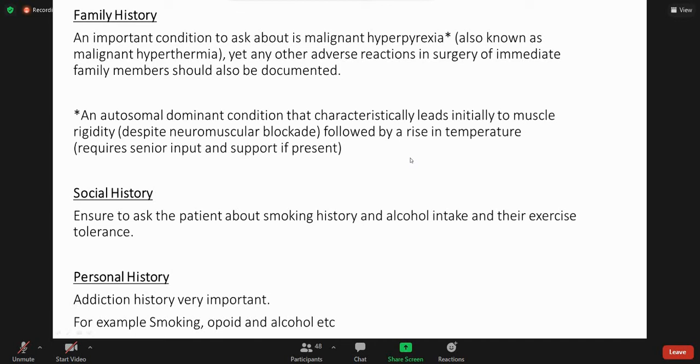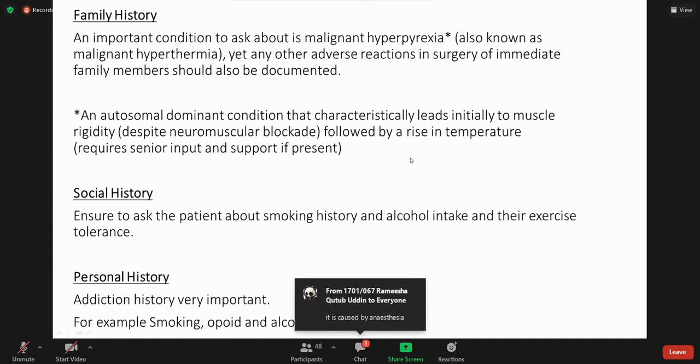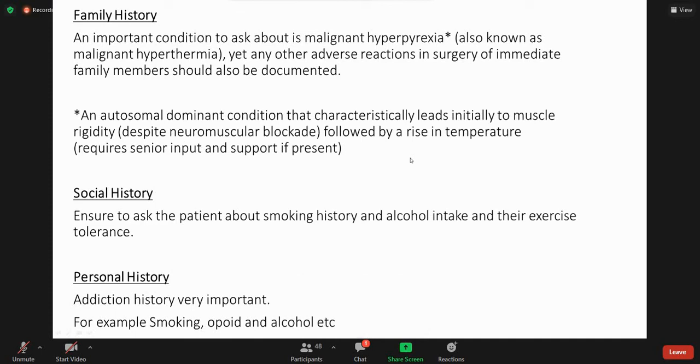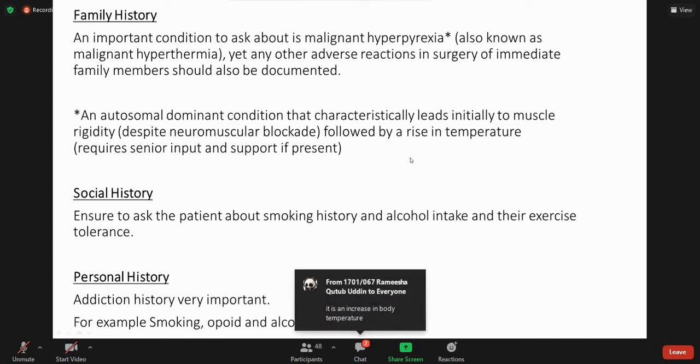Malignant hypothermia. What does the name suggest? High fever. It's not actually high fever. It's an increase in the temperature of the patient. And yes, it is caused by anesthesia. Which anesthetic agent causes malignant hypothermia?